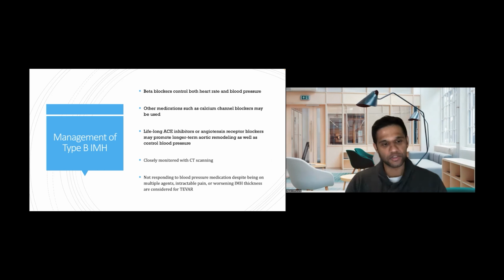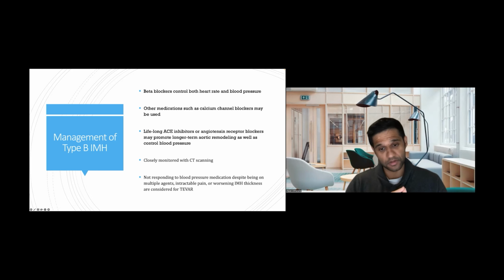So how do we manage type B IMH in general? Now, beta blockers are the mainstay of treatment. The reason being it controls both the heart rate as well as the patient's blood pressure. Other medications such as calcium channel blockers may also be used if beta blocker control is not sufficient. Another agent that we can use for these patients are ACE inhibitors.